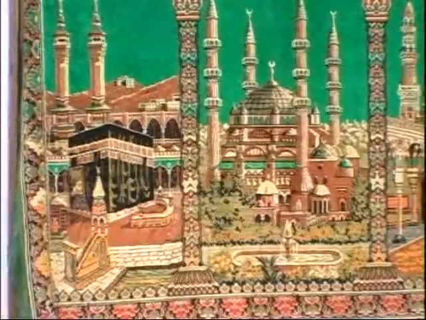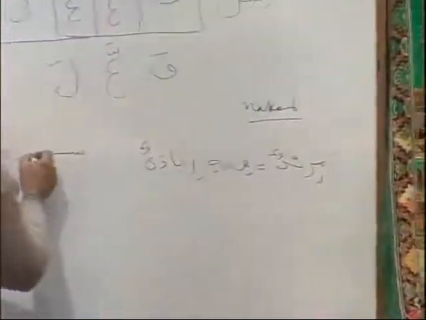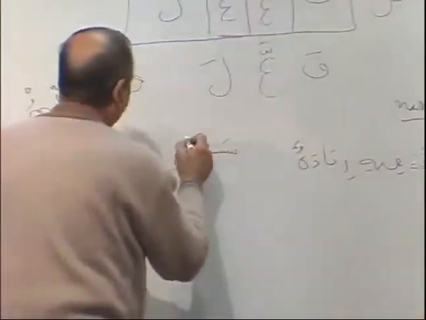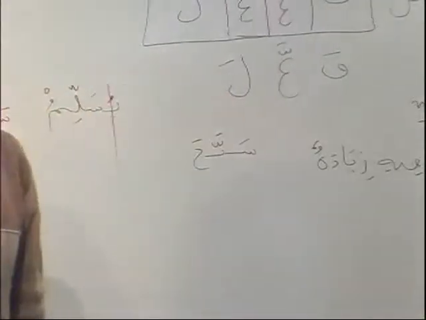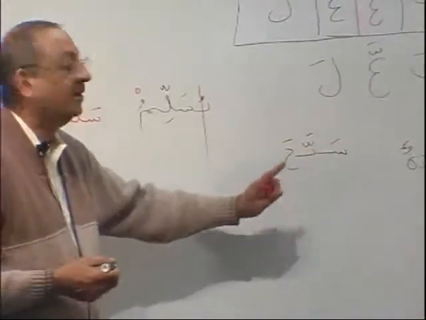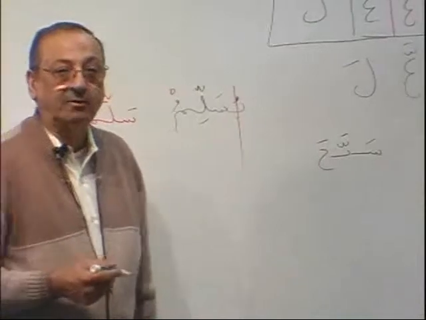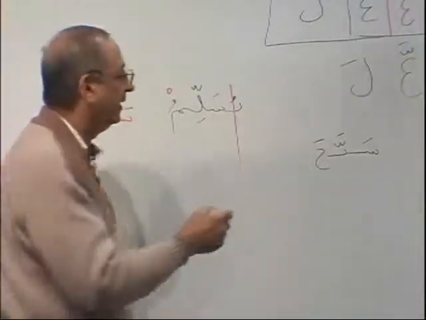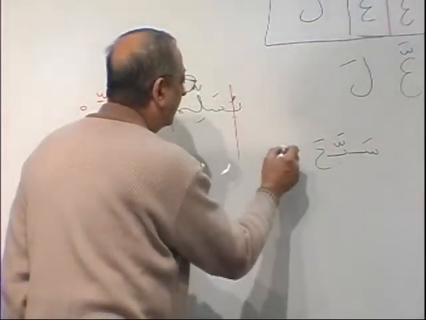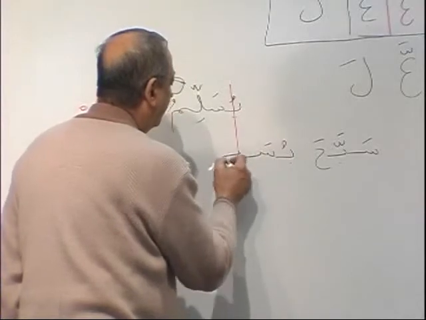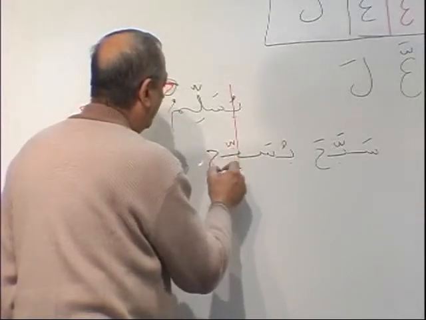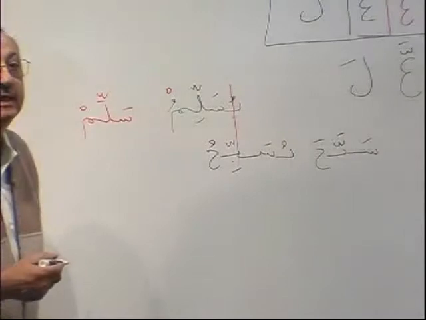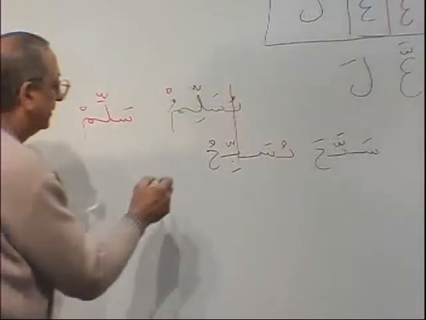Now let me give you a little hint, brothers and sisters. Sabbaha. This is madi. And you will see that in the Quran it comes in the mudari'. What is that mudari'? Yusabbihu. And you will also see in the Quran the amr.